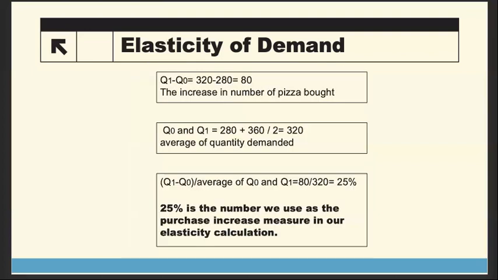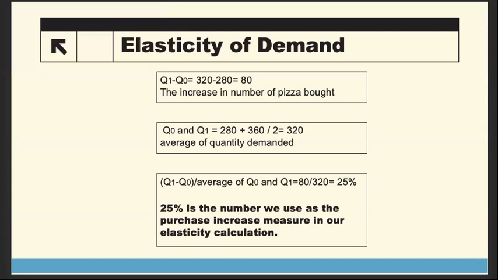Now, let's try to calculate this elasticity of demand. The quantity demanded before the price change is quantity 0, which is 280, and the quantity demanded after the price change, quantity 1, is 360. The increase in the number of pizzas bought is 80.